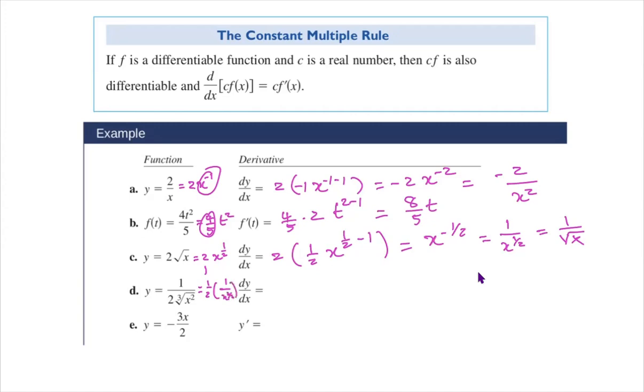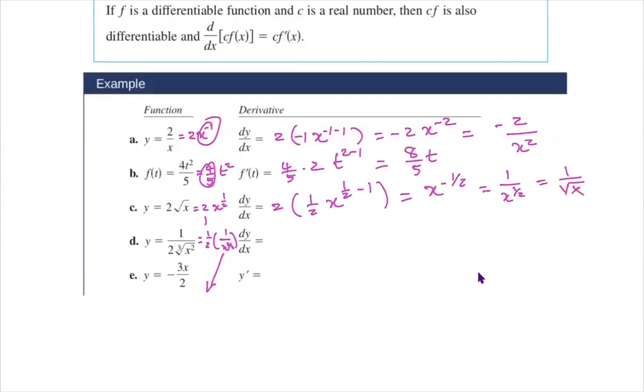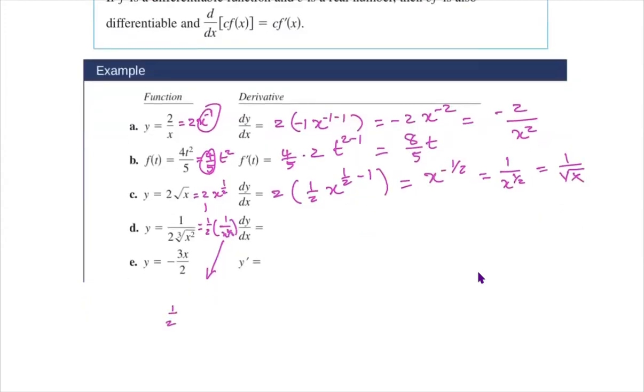So instead, I can also write this as 1/2 times 1 over, not even 1 over. 1 over is a negative exponent, so x to the power negative 2/3. So that's what I have. The 1/2 is my coefficient, and I'm going to use the power rule for this part.